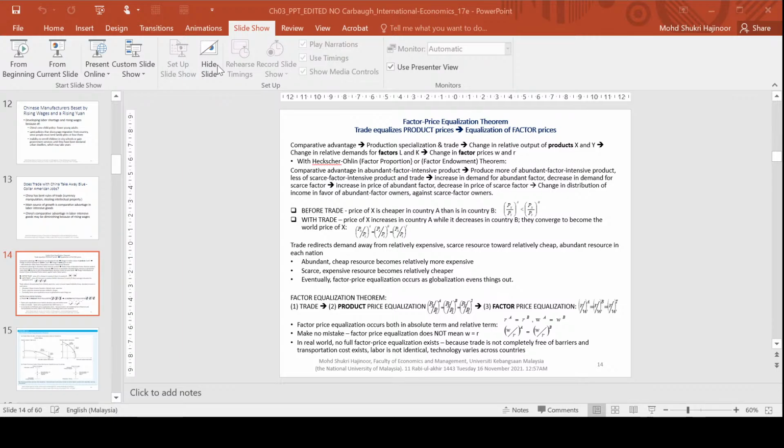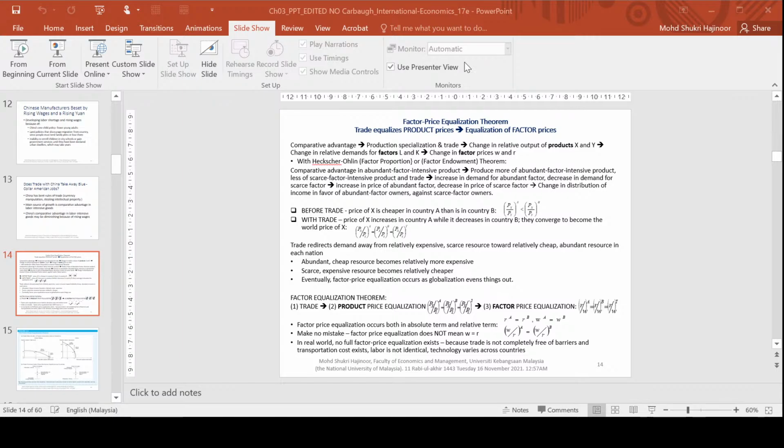Comparative advantage will lead to production specialization, will lead to trade. Okay, agree. Because of trade, I mentioned just now, computer prices will be the same all over the world.